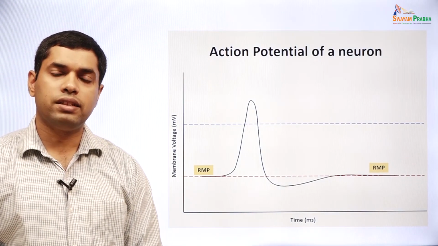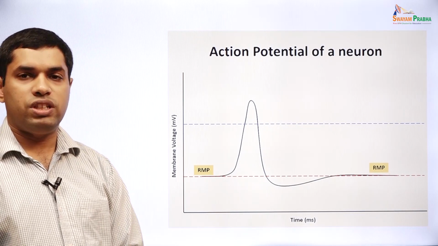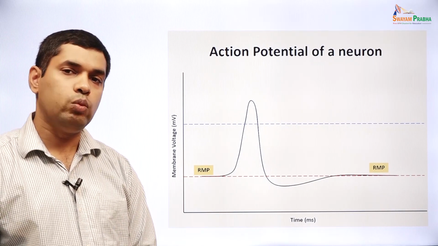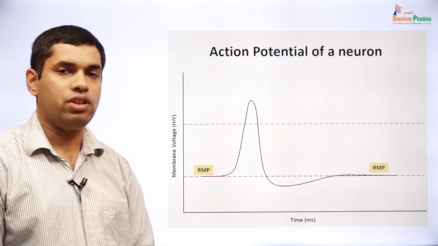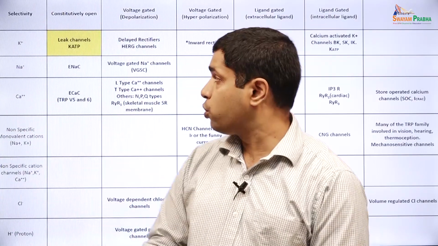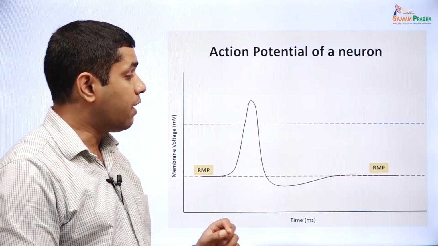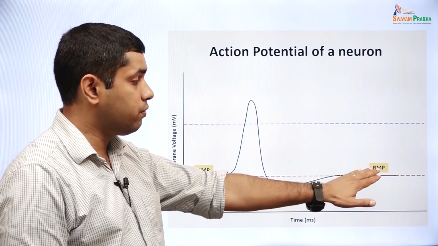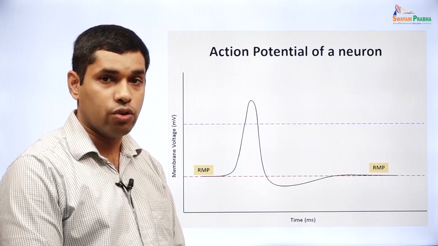Now let's look at the neuronal action potential and the ion channels that we study. For the next few ion channels, we'll see what the contribution of these ion channels is to the neuronal action potential. We have just seen the leak potassium channel, which contributes to the potassium permeability of the membrane, and this is important for maintaining the cell's resting membrane potential, especially in a neuron.